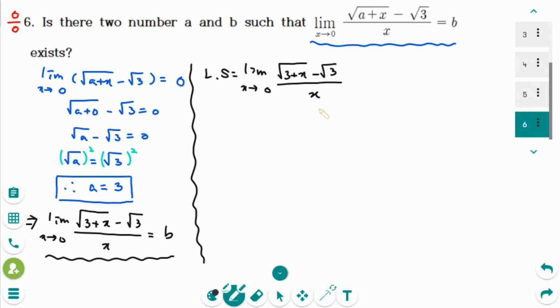We get the familiar equation, so we must multiply the conjugate of the numerator. So times square root of 3 plus x plus square root of 3 over square root of 3 plus x plus square root of 3.